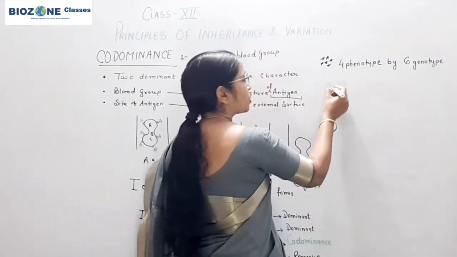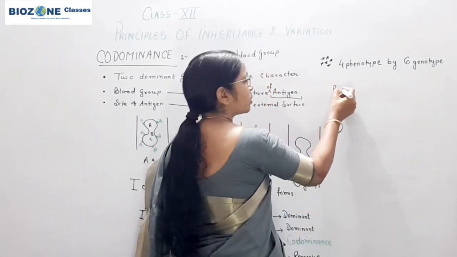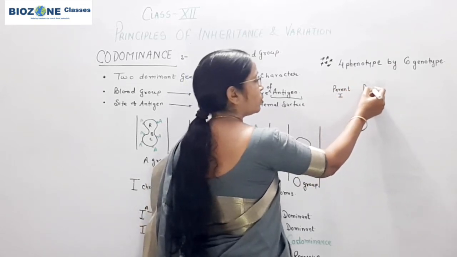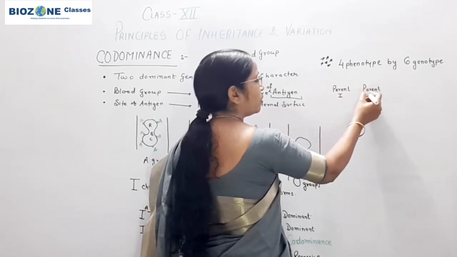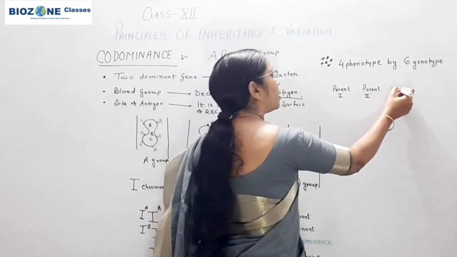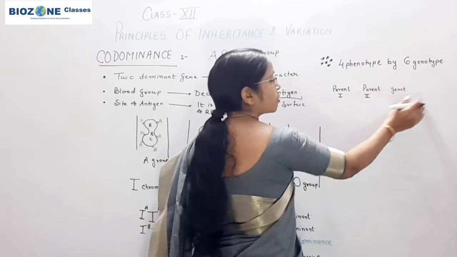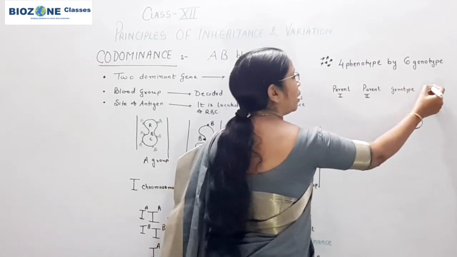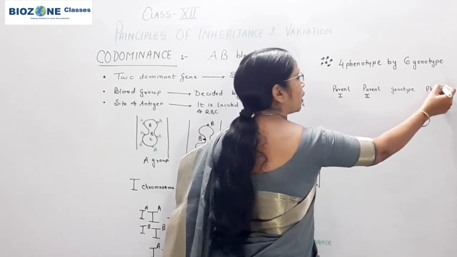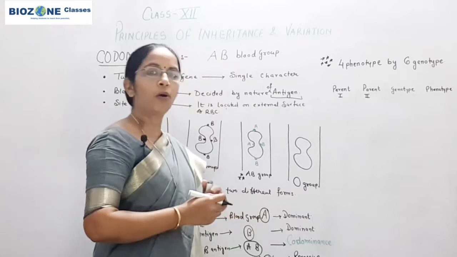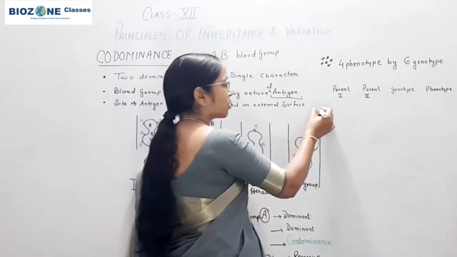Suppose here we study parent 1, and here we show the second parent. From their genes, whatever genotype is acquired, here we show, and according to that genotype, here we express the phenotype. Now what is happening for the first condition?